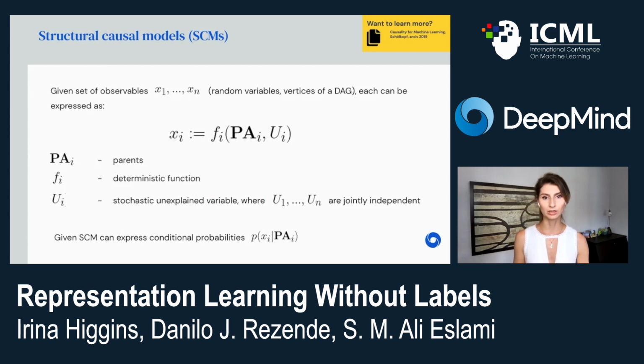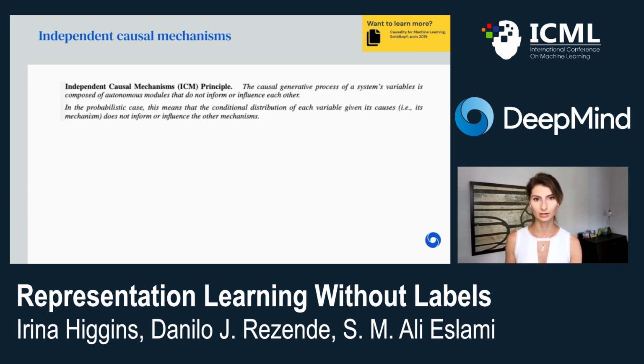Given an SCM, we can go back to a statistical model by recovering the conditional probabilities of children conditioned on their parents. The nice thing about SCMs is that they automatically factorize into independent causal mechanisms.